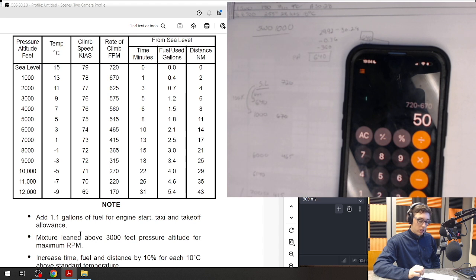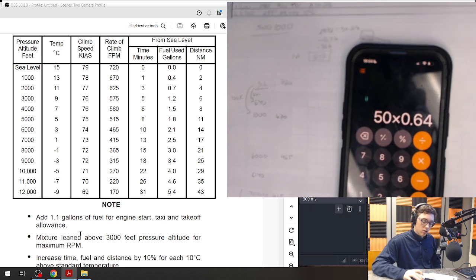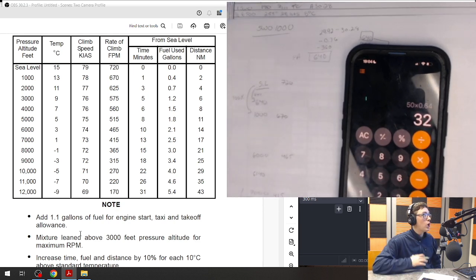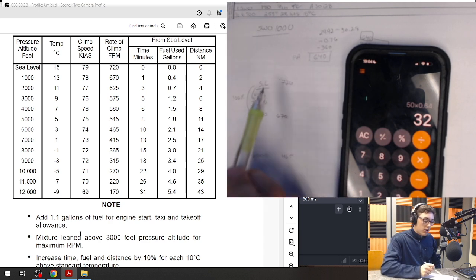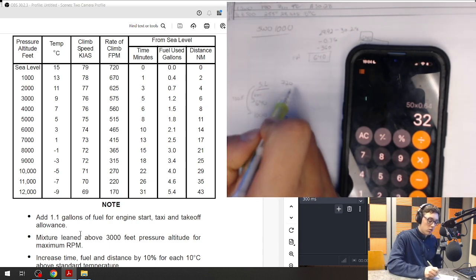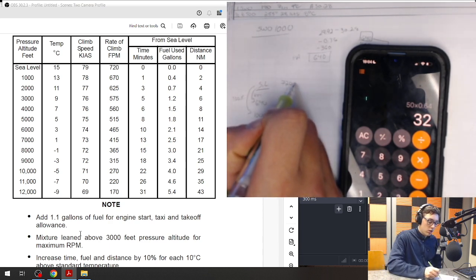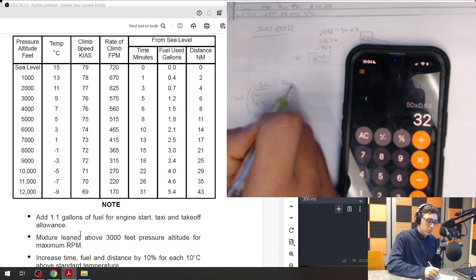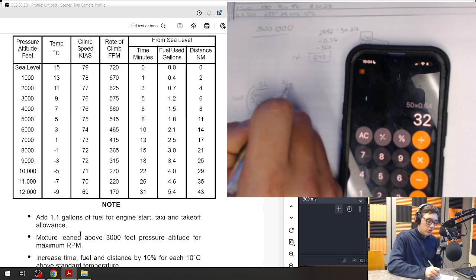Now I'm trying to find 64% of that. 50 times 0.64 equals 32. What does that represent? 32 feet is a representation of 64% as I climb. So I'm decreasing 32 feet per minute as I increase in altitude.